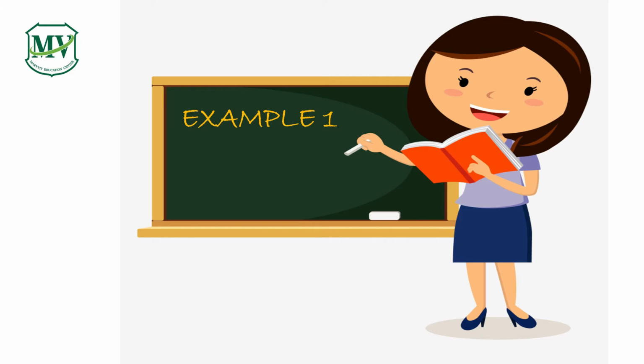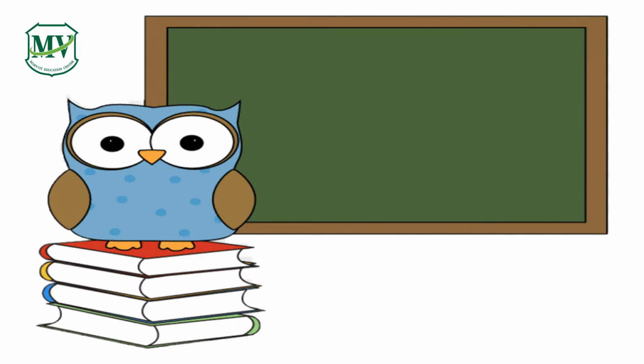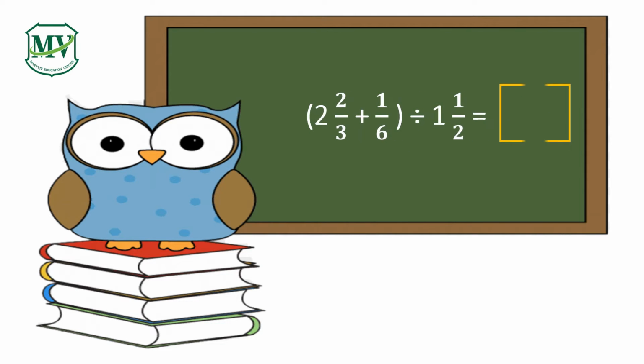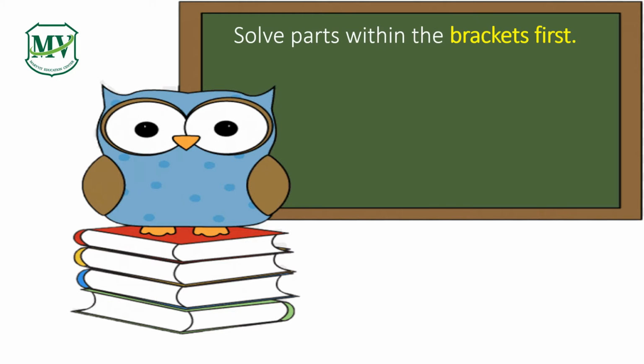Let us proceed to example number 1. The quantity of 2 and 2/3 plus 1/6, divided by 1 and 1/2, is equal to what? Following the order of operations, we will solve parts within the brackets first.